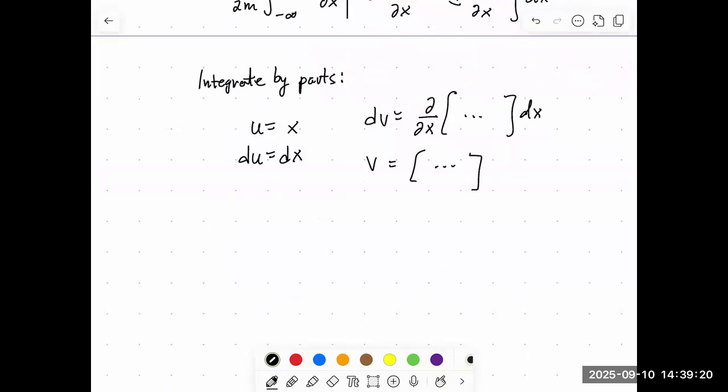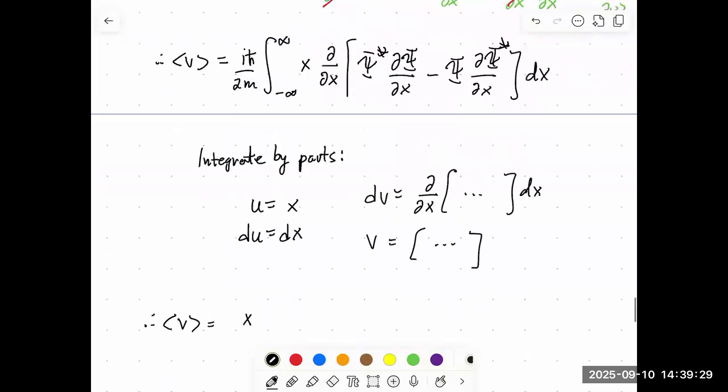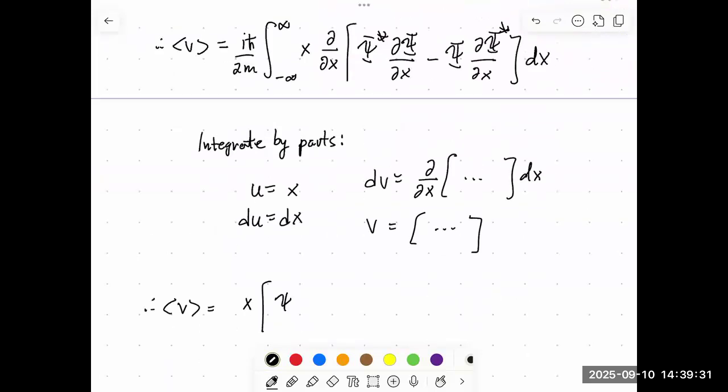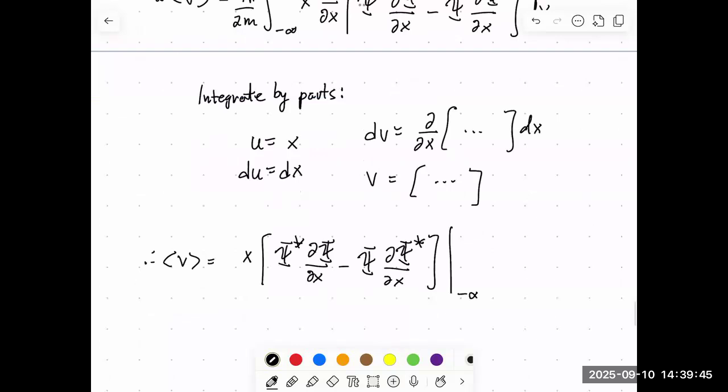Therefore, uv is x times phi star d phi dx minus phi d phi star dx, evaluated between minus infinity and infinity. That's just the uv part of it. We still have to do the integral of v du.